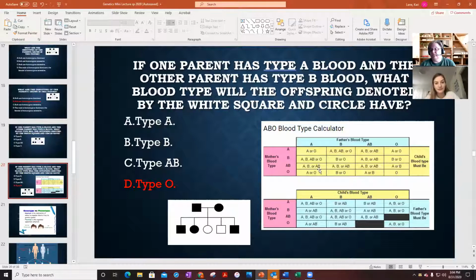So the people who get type AB blood are getting one allele from one parent and one allele from another parent, right? Or they're getting two alleles for AB, because if both parents have AB, they could still end up with AB blood type or A or B. That's because it depends on how many alleles are actually coming through.